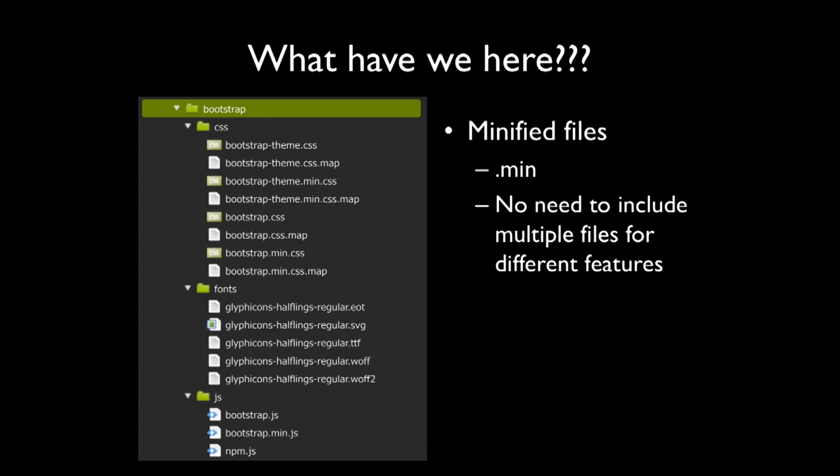So here's a list of what happens when you download Bootstrap. I just used the website and put it onto my IDE. You're going to see that there are 3 sets of folders: the CSS, the fonts, and the JS. The way this is split up is there are the minified files, which is probably what you're going to want to use.